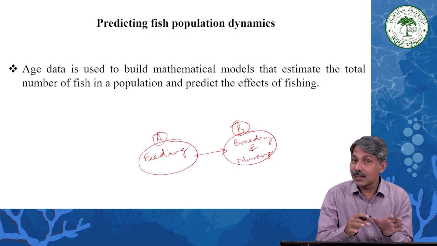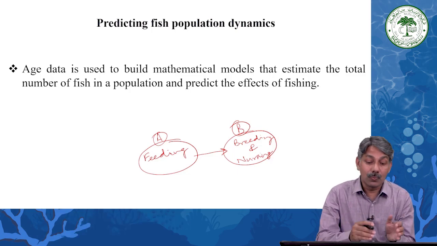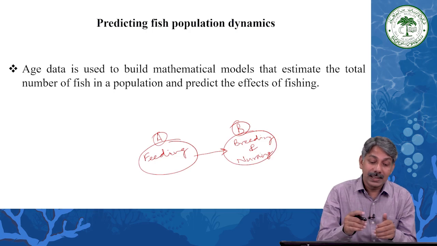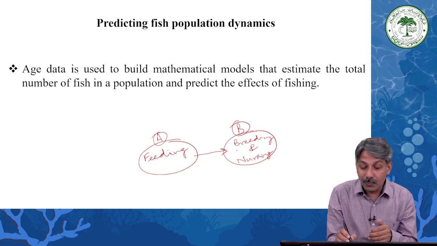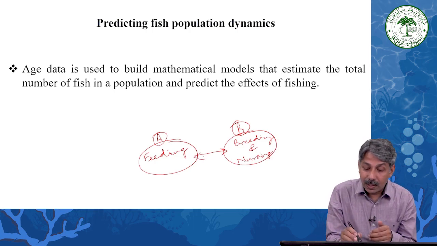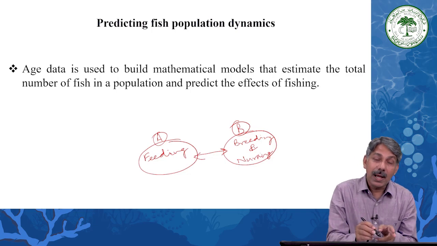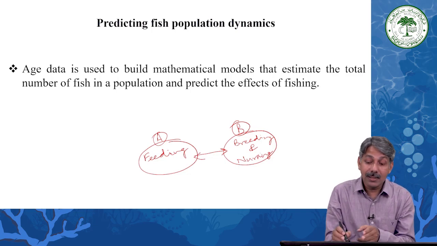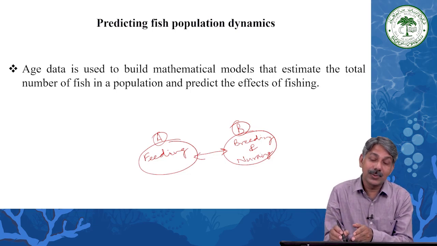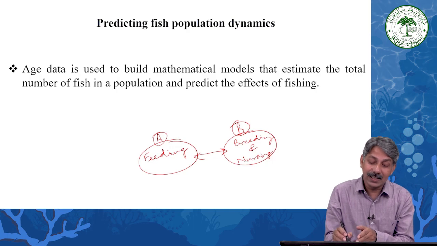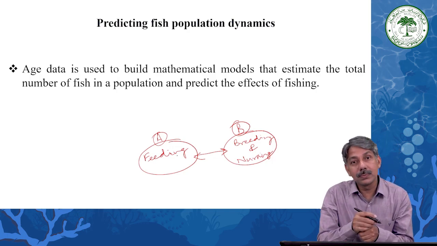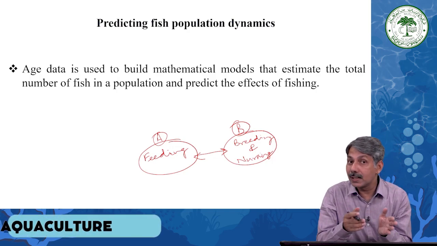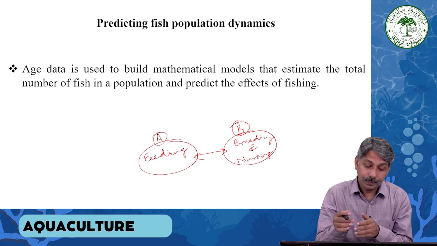If we are not having information on when they are going and what age group is going, and when they are coming back after breeding, brooders come back, and then after getting good nursing conditions, these young ones may also come back to the feeding ground where they can get better opportunity to feed and grow.